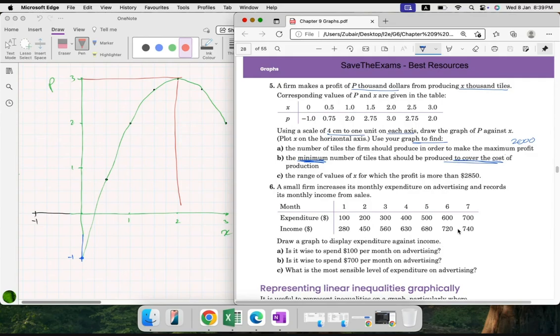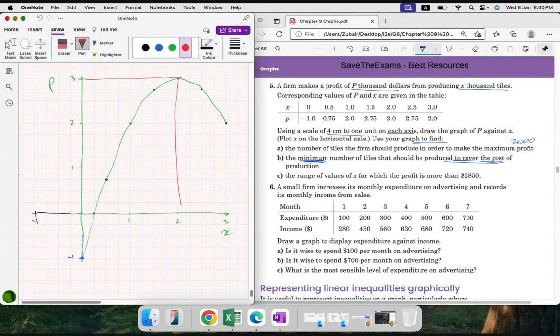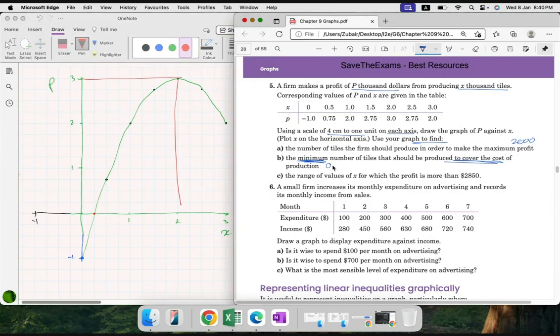That means break even. Break even means zero profit, no loss, no gains, but zero profit. So zero profit. This is 0.25. 0.25 times 1000, so they should make minimum 250 tiles to cover the cost of production. Yes, sir. Try C part.